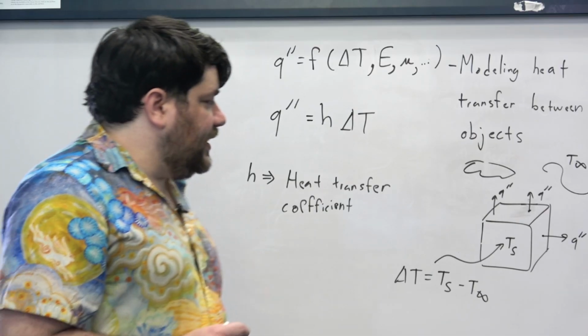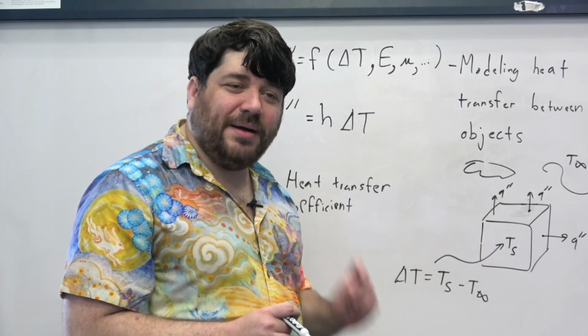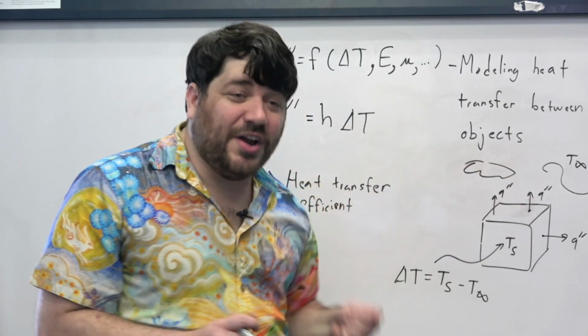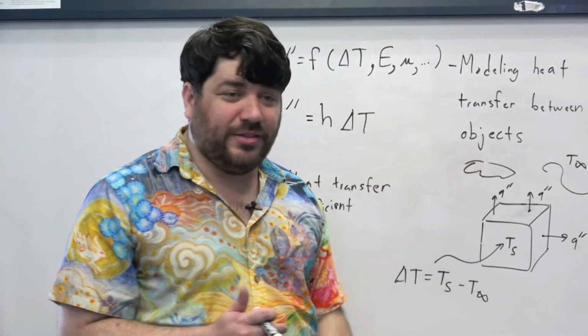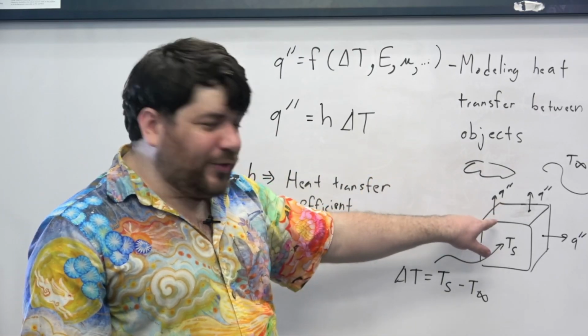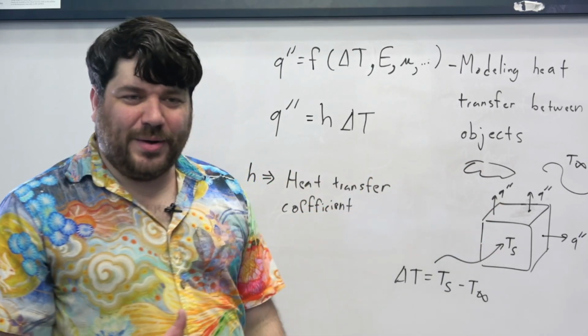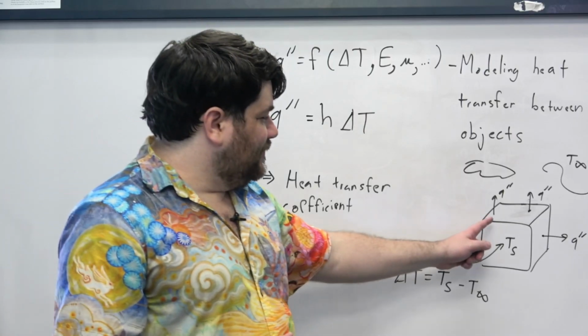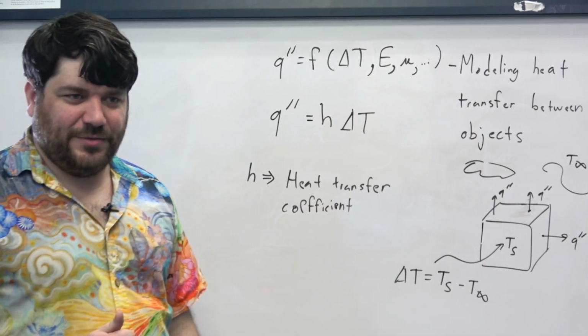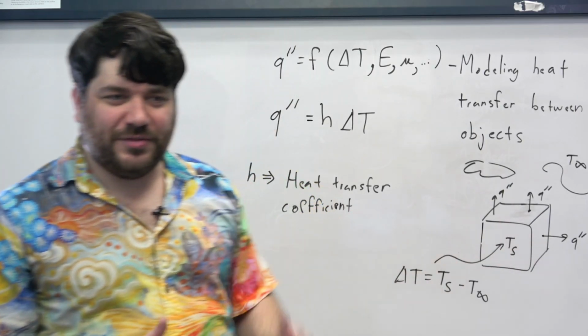And what that means is that if the temperature of the object is larger than the temperature of the environment, then we have an unambiguous way of defining where those heat fluxes are going. They're going outside. We just take a look at the surface of the object and we say, okay, which direction is outside? And then we just draw a little arrow and we say, well, that's the direction in which the heat is being transferred, right? We can do this for every piece of the surface.